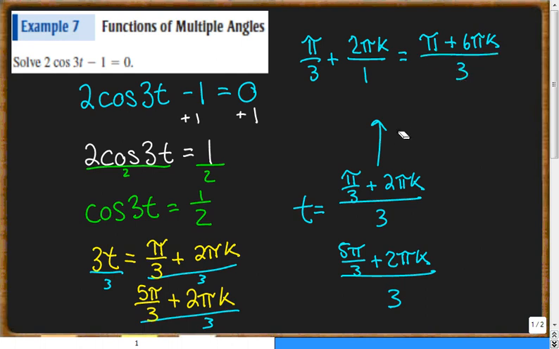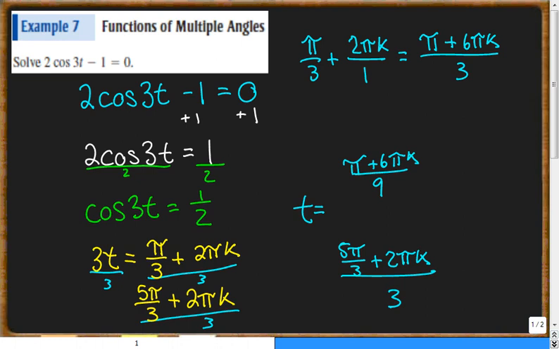So we can think of that as the same thing. So this is pi plus 6 pi k all over 3. And then because we are dividing this whole thing by 3, it's like multiplying by a third. So what we'll end up with is pi plus 6 pi k over 9.